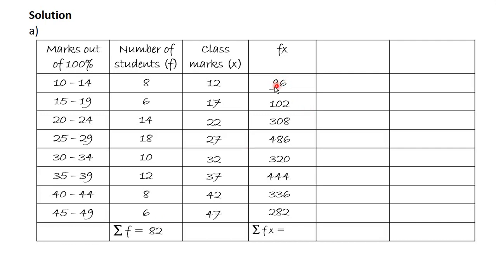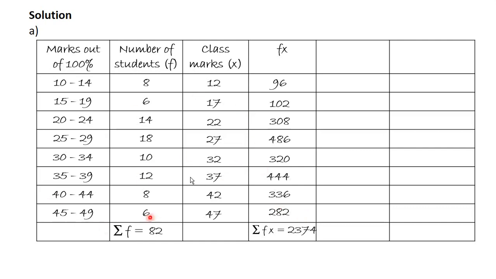Then here, 96 plus 102 plus 308 plus 486 plus 320 plus 444 plus 336 plus 282 gives us 2374.